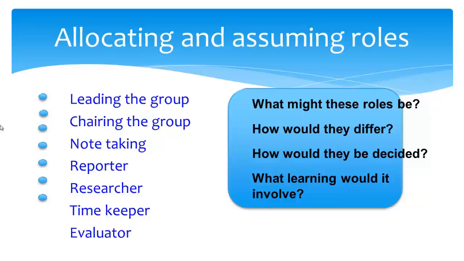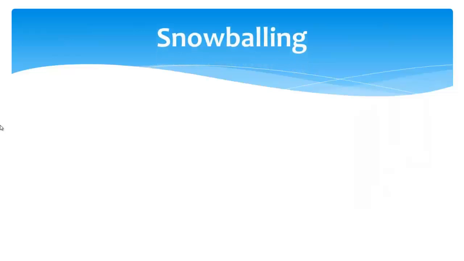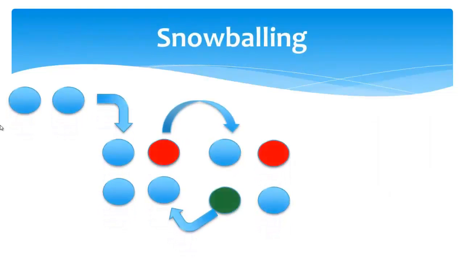The 4th technique of grouping in a classroom is snowballing, or you may call it group crossing. In snowballing, the first pair is encouraged to join another pair, in which case you get a membership of 4. Then after the activity, one member of that 4 could join another group to form another group.